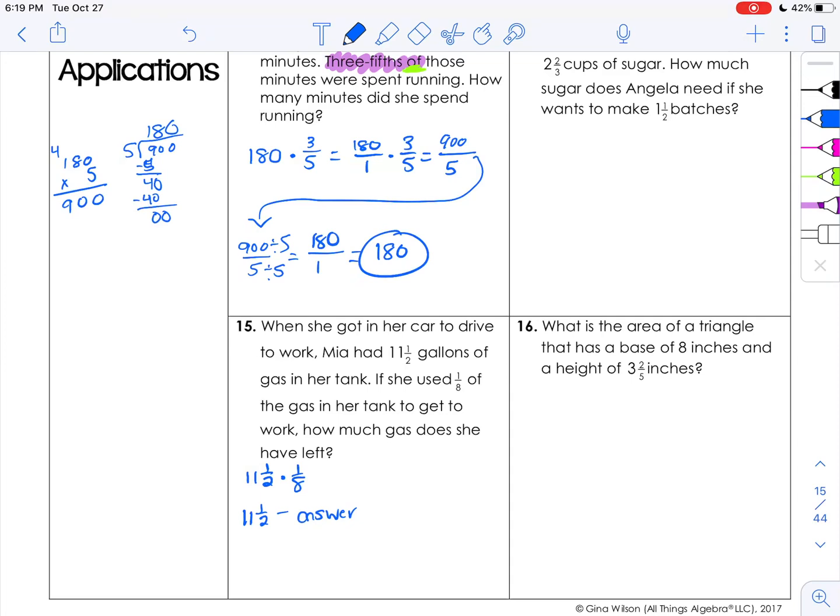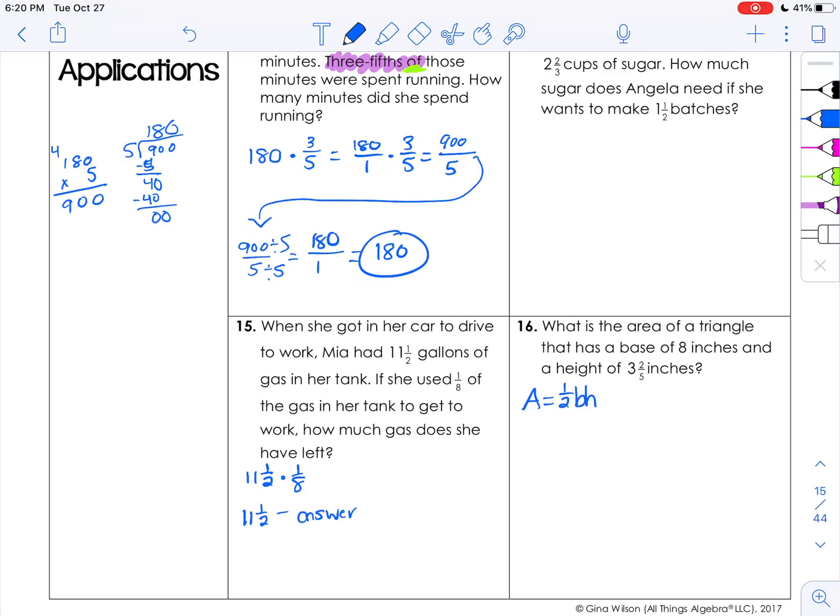Number 16. What is the area of a triangle that has a base of 8 inches and a height of 3 2/5 inches? So for this problem, you have to know the area formula of a triangle. The area of a triangle equals 1/2 times your base times your height.